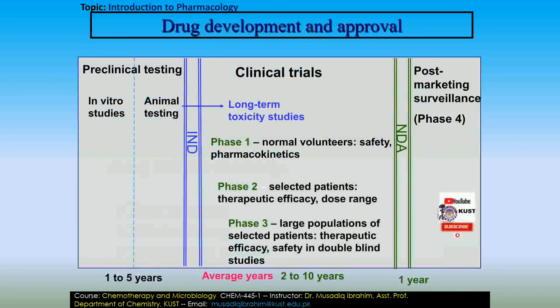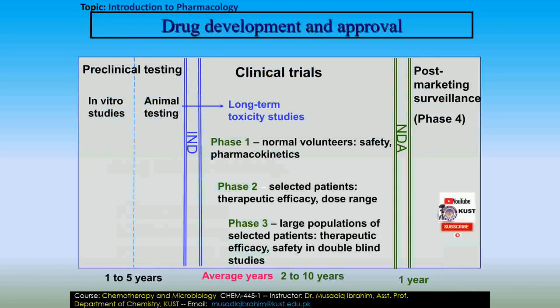Then are the clinical trials. Within the clinical trials, you have long-term toxicity studies, in which the toxic effects of the drugs are studied. In clinical trials you have three phases. Phase 1: normal volunteers, safety and pharmacokinetics. Normal volunteers means those people who present themselves for the study of the drug.